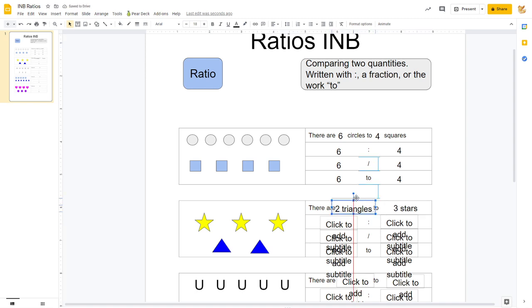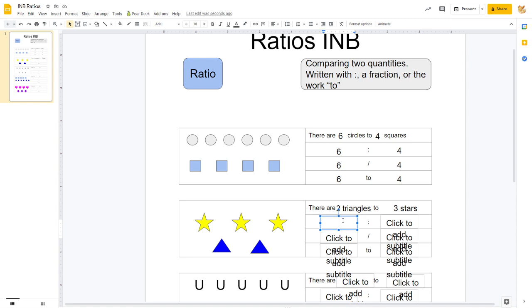You can put them in any order as long as you label it correctly. Meaning you put 3 stars here and 2 triangles on the other side. Either way is correct, as long as you have the correct label after them.